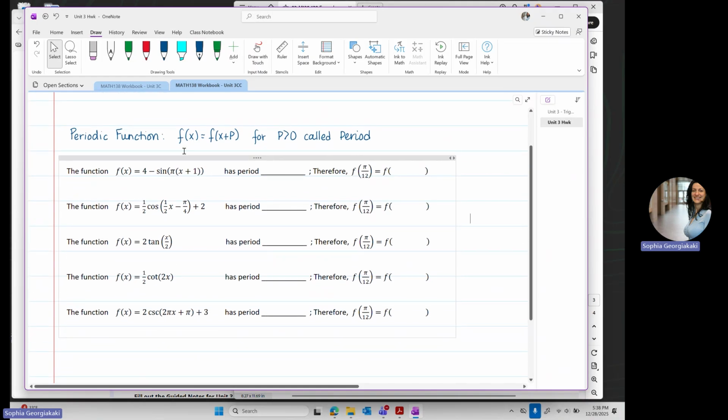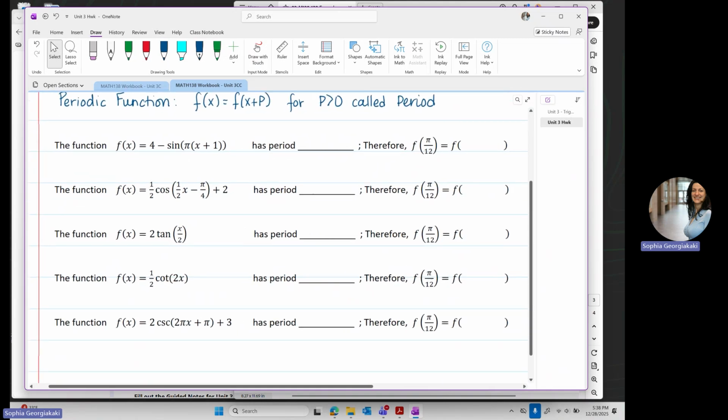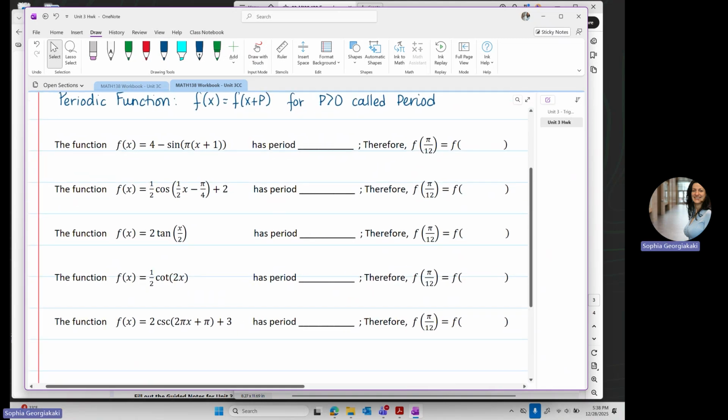So a periodic function, if you remember, has the property that the y value repeats every p, p being a positive quantity called the period. So we have seen some of these functions already. For the first one, this is a transformation of a sine function. B was equal to pi. The period is the period of the sine, which is 2 pi divided by pi, so the period is 2.